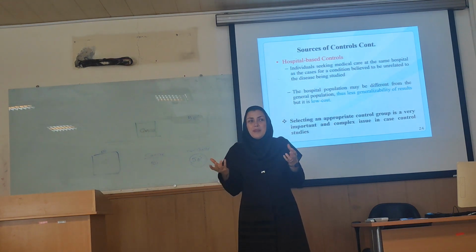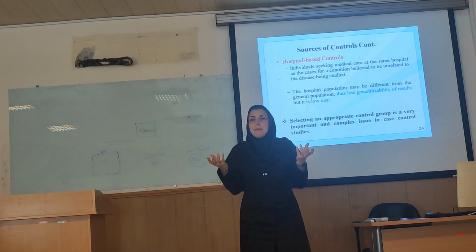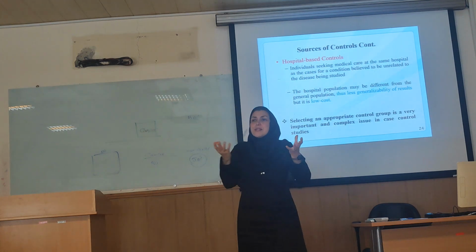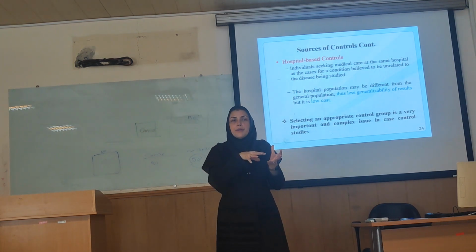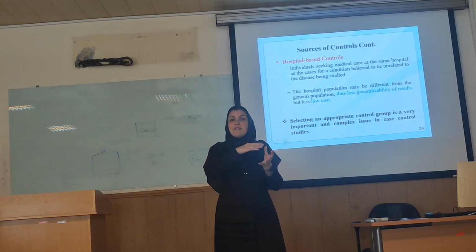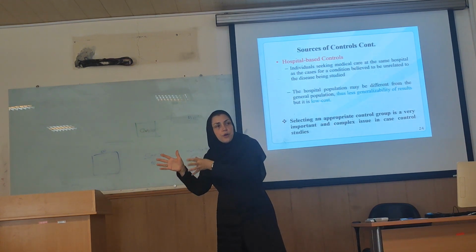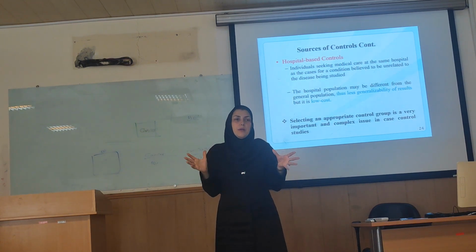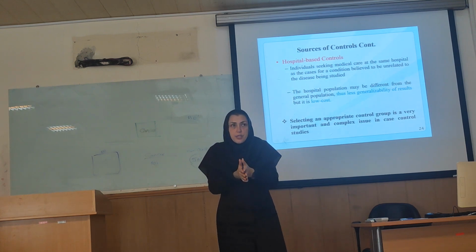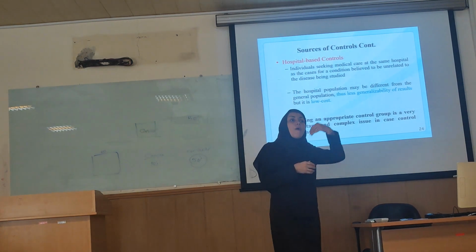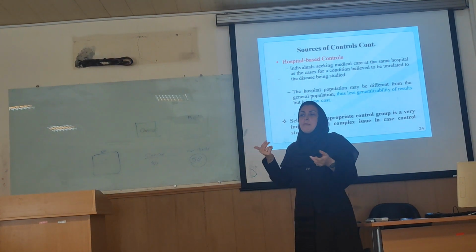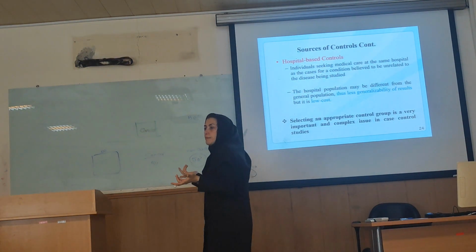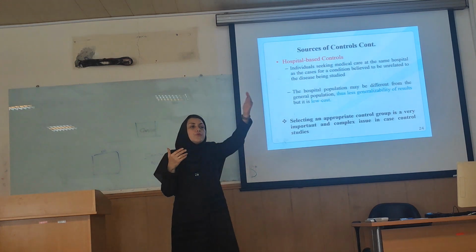Why? Because the nutritional habits are somehow the same in family members or in friends. In this situation, it is better to go out, for example, and use random digit numbers and call the population, or go to the neighborhood.